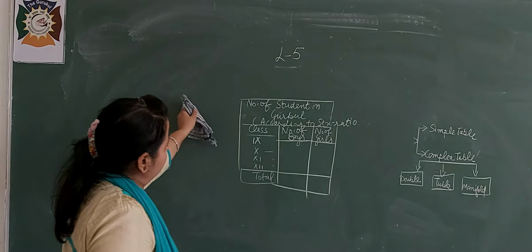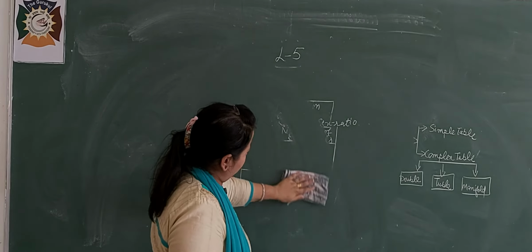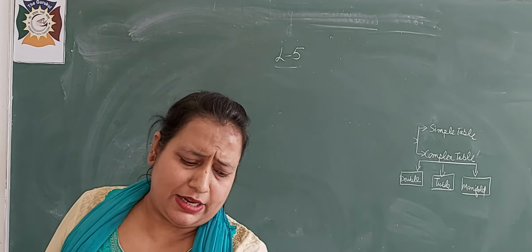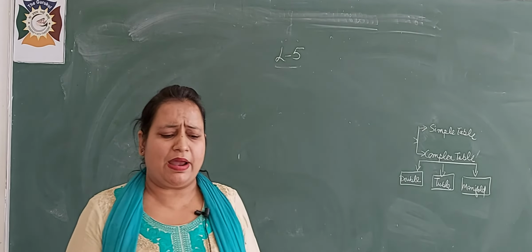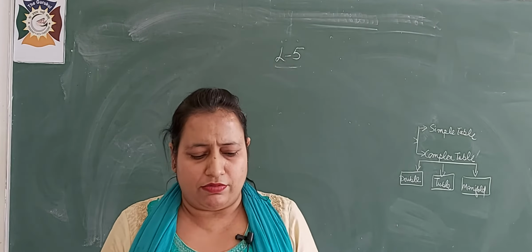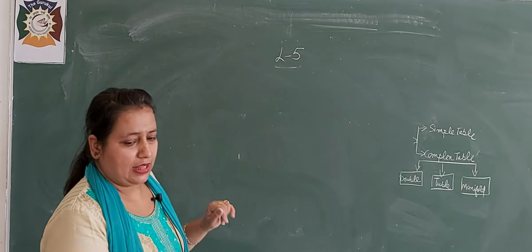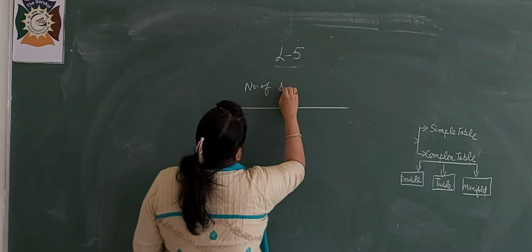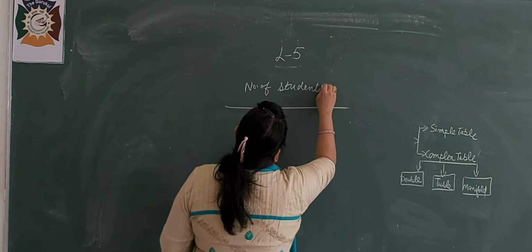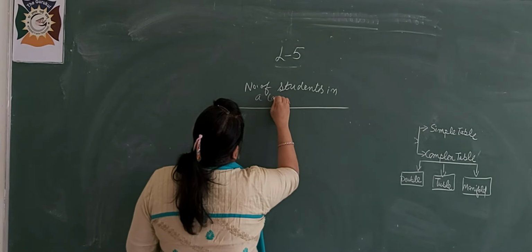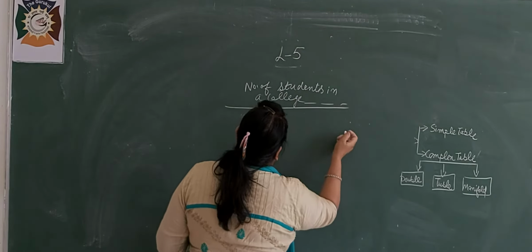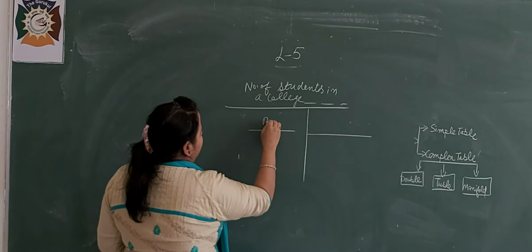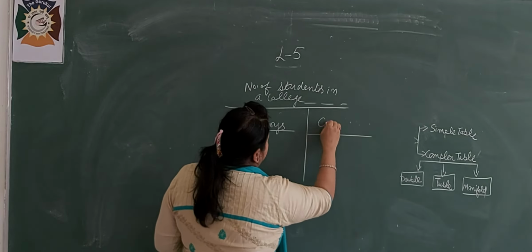Next I am taking treble table. It means the same heading I will take, but I will convert it into three parts, like number of students in a college. After that, what you want to write, you can write. Then I am making this table: boys, girls.